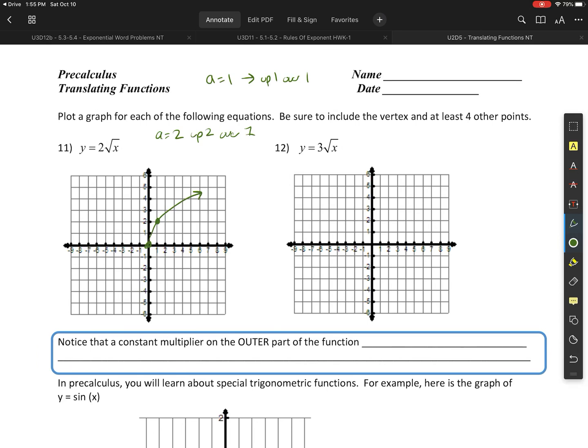It's stretched out. This is called a vertical stretch. When A is 3 here, I'm going up 3 over 1. There's my vertex. There's my next point. Even more stretched out. So the larger the number in front, the more your graph's going to be stretched out in these situations. So this is a vertical stretch.